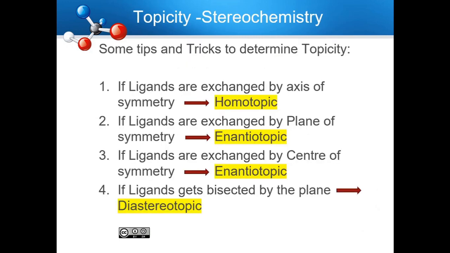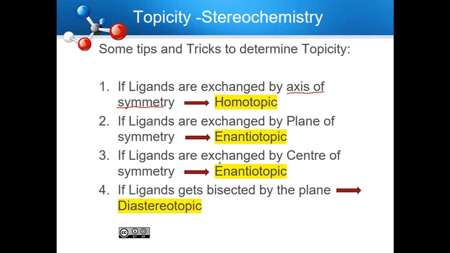There are some tips and tricks to determine topicity in a molecule. The first one: if ligands can be exchanged by an axis of symmetry, then we can identify them as homotopic ligands.